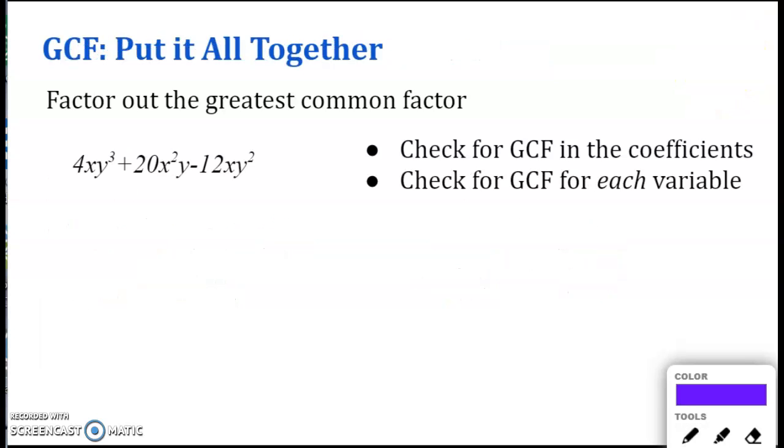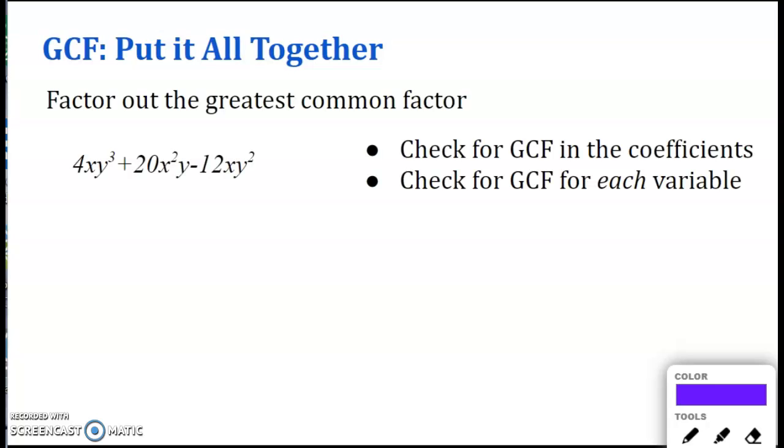Okay, so let's put it all together. Factor out the greatest common factor. So you always need to check for the GCF, that's greatest common factor, in the coefficients. That's the numbers in front of the variables. And then you look for the GCF for each of the variables. So in this case, 4, 20, and 12, what is the greatest common factor, a number that is divisible by all three?